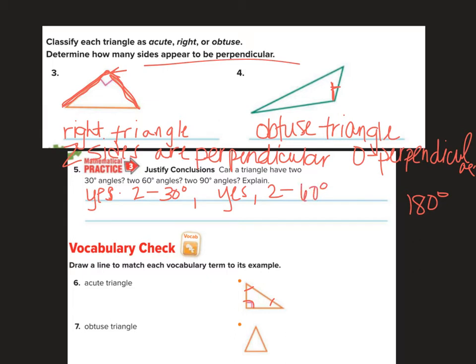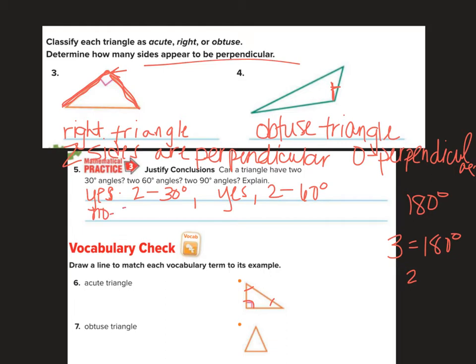Could you have 2 90-degree angles? If I need 3 angles to equal 180 degrees, and 2 of them are 90, 90 plus 90 is 180. That would mean our last angle is 0 degrees. We can't do that.